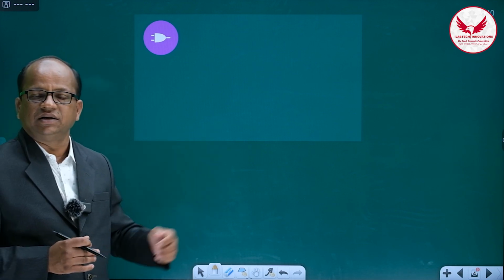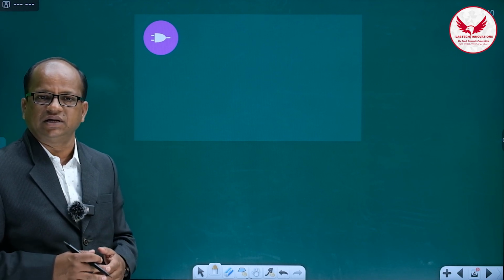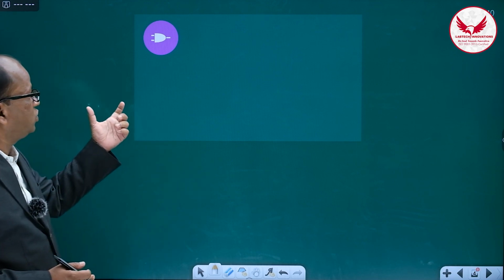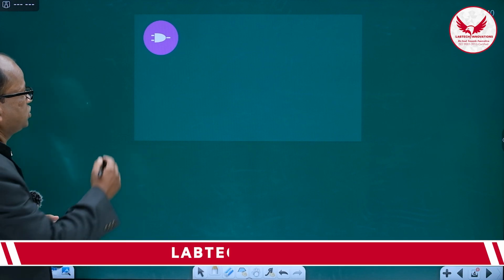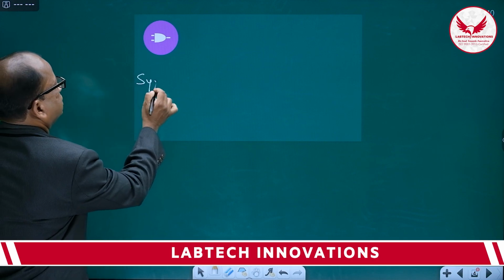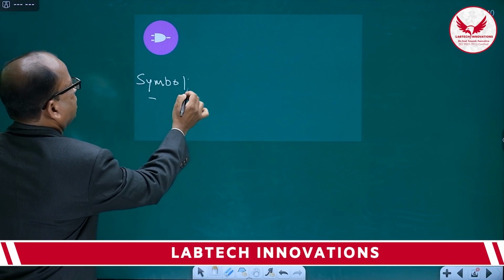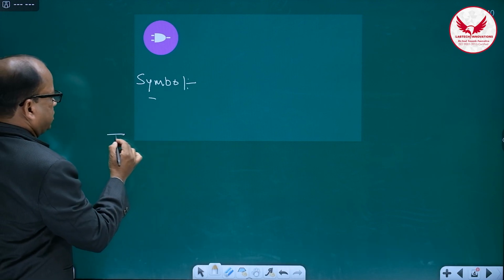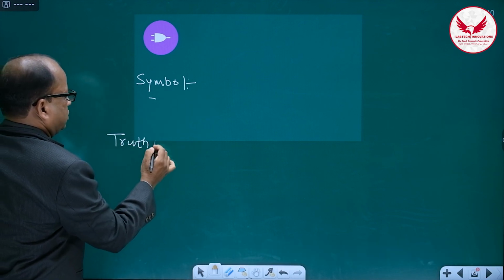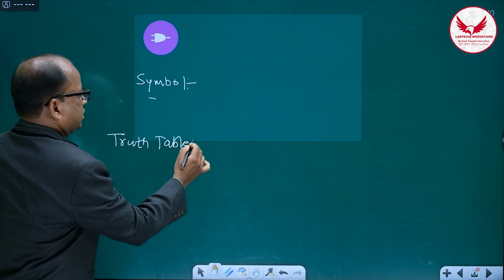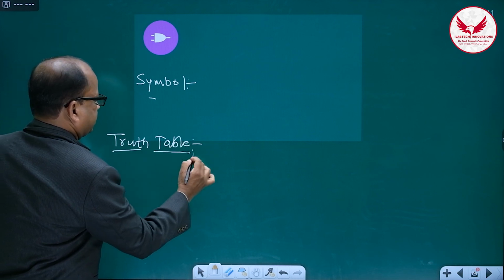And the last thing is the equation, one can say an expression. So this is the symbol of the AND gate. Then the truth table, as I told you, gives its functionality.